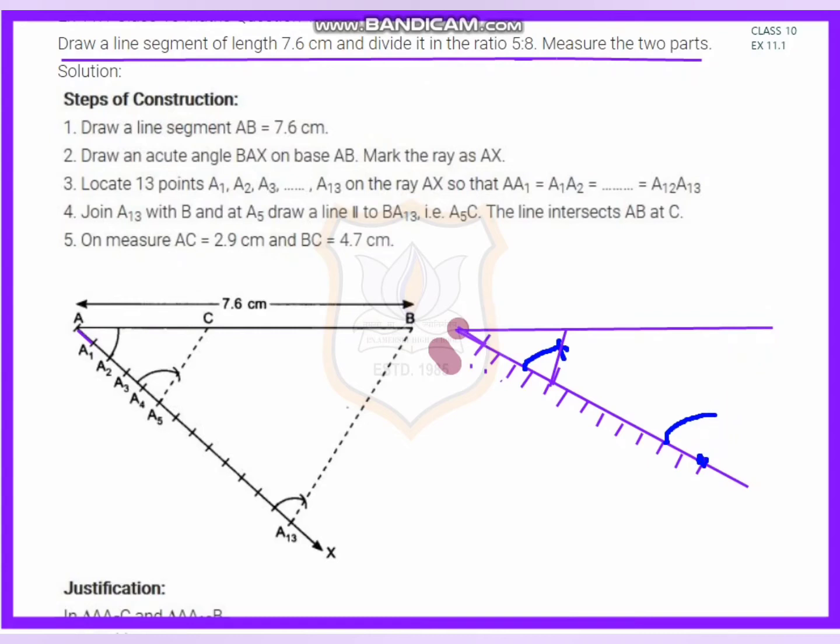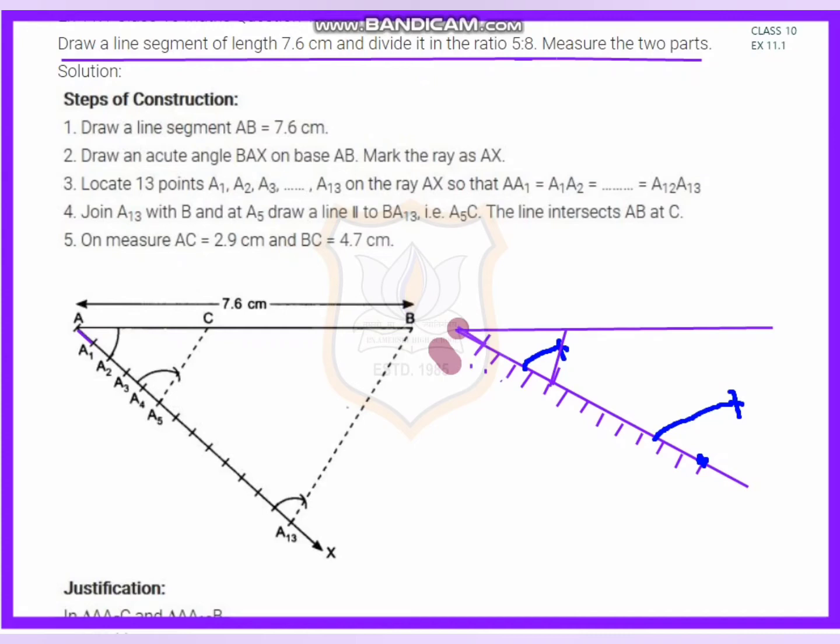Let's see how I am drawing the arc. First of all, I have to take a radius and make an arc here. Again, I have to use this center and make an arc here. Both arcs join here.